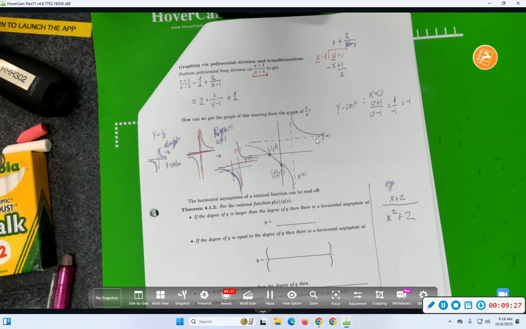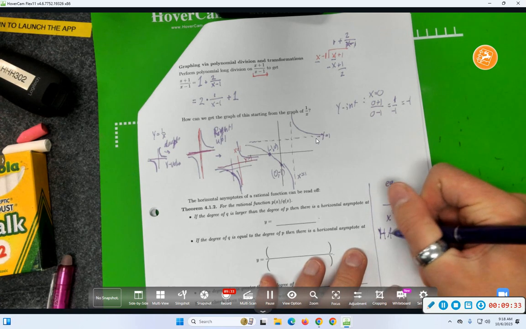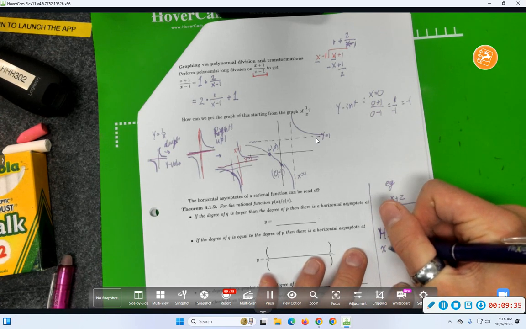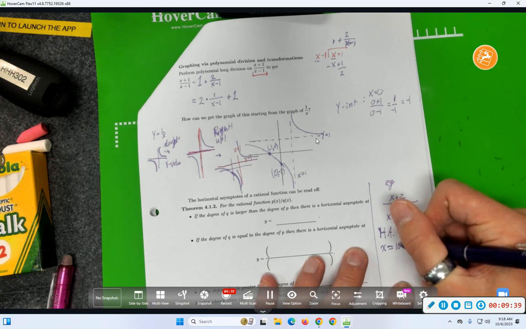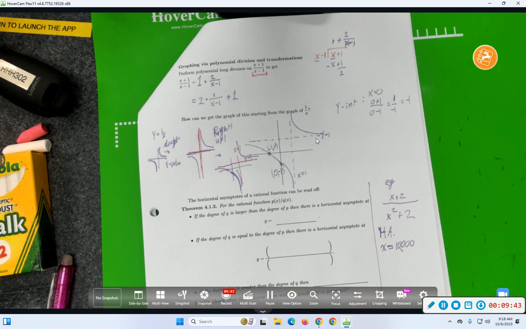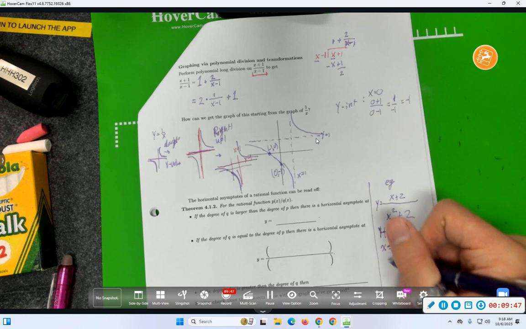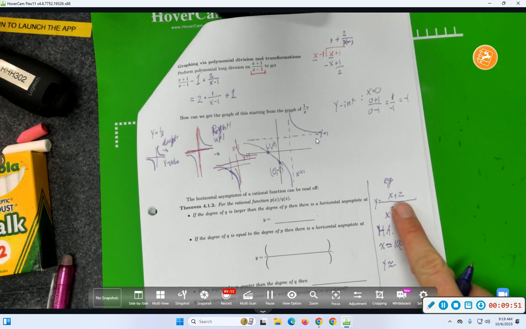So, in order to think about the horizontal asymptote, let's see what happens when we plug in x equal to a really big number. 10,000 seems big enough. Let's think about what this is pretty close to. So let's call this y. If you take 10,000 and add 2 to it, does that really change the value of that number by much?